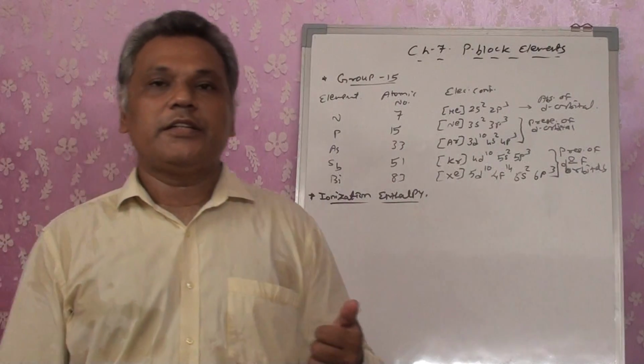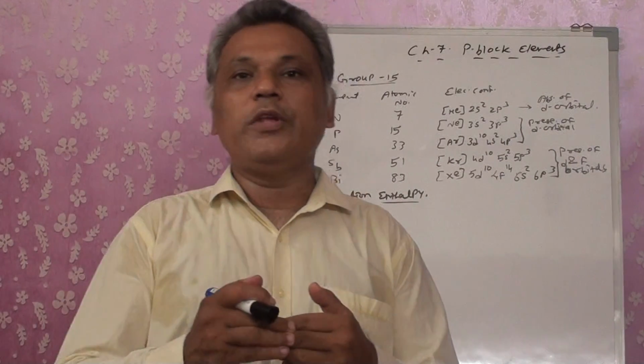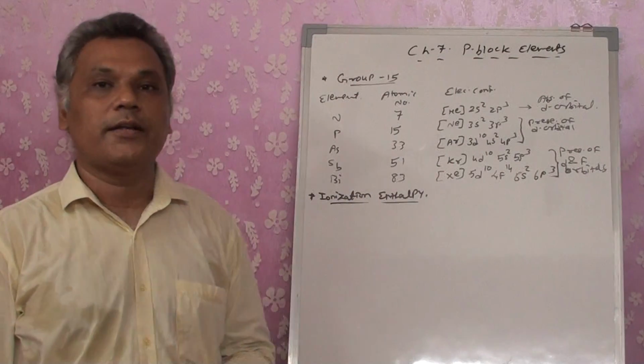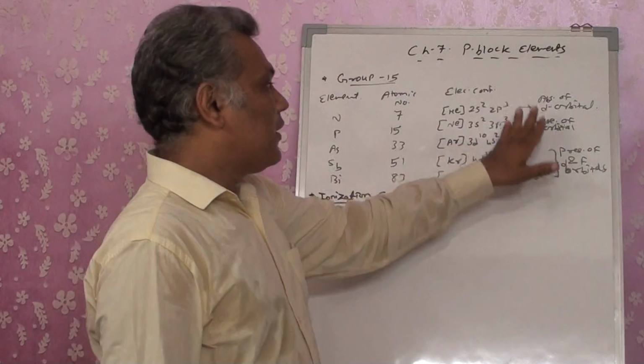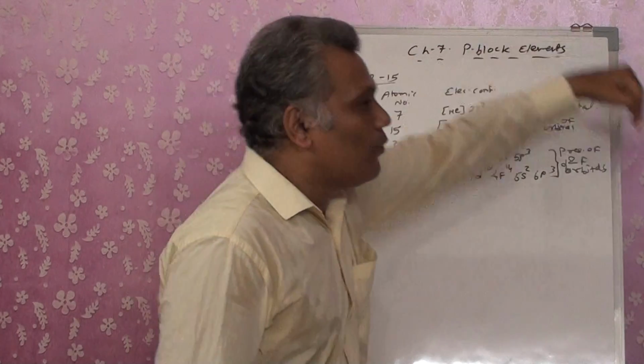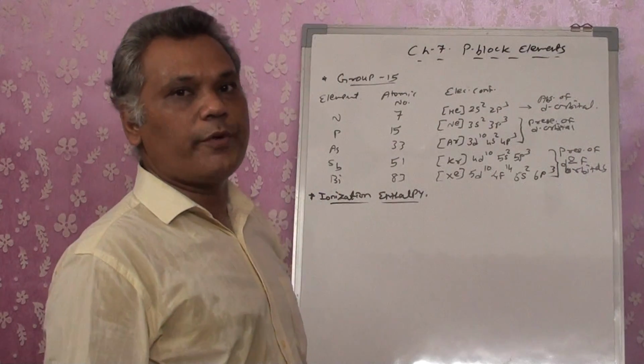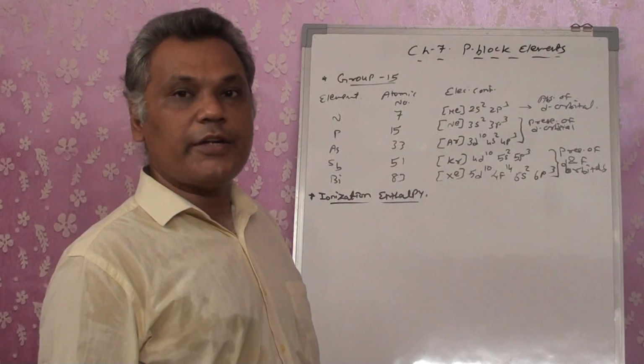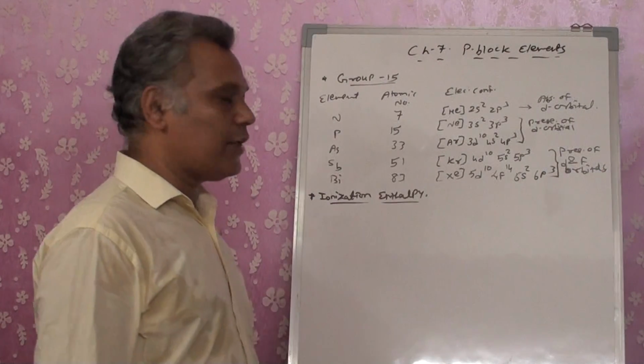The ionization energy is the energy required to remove an electron from a neutral gaseous atom to form a positively charged ion. Whatever electrons are there, I want to remove them from the outermost orbit so that it becomes a positively charged ion. The amount of energy required is known as ionization energy.